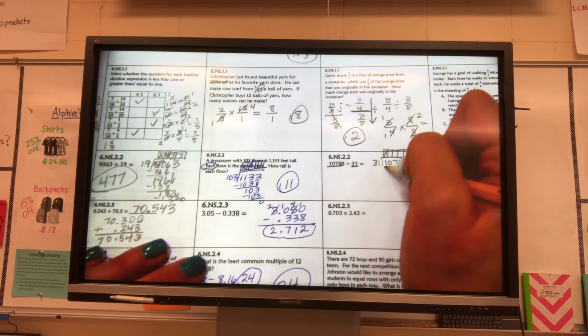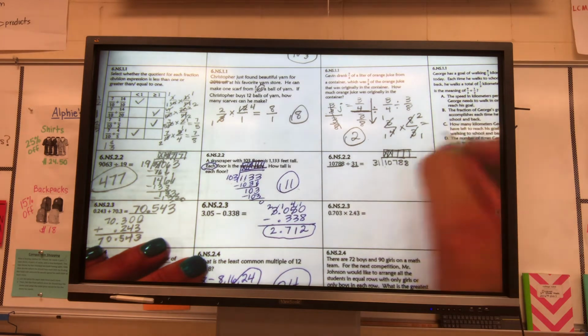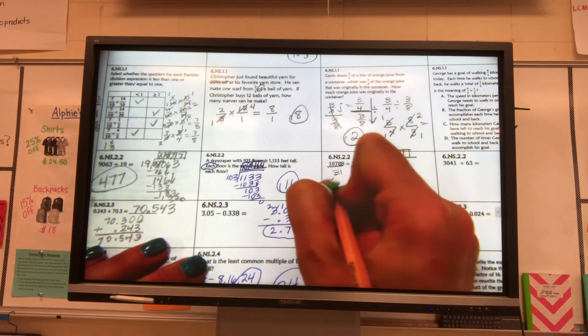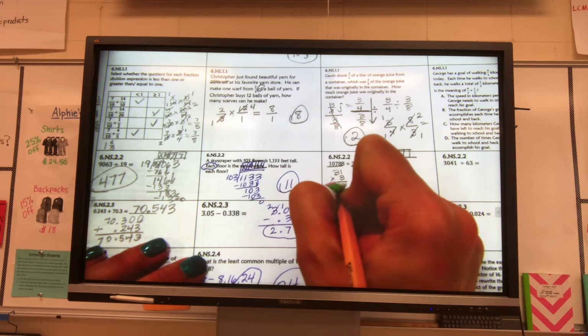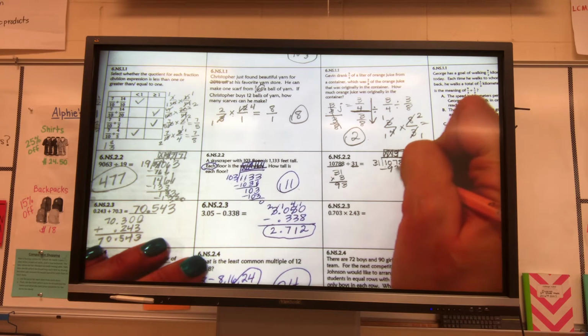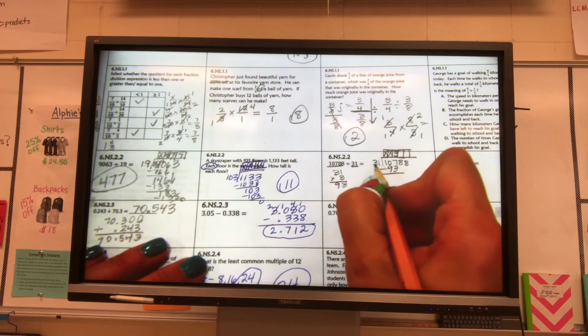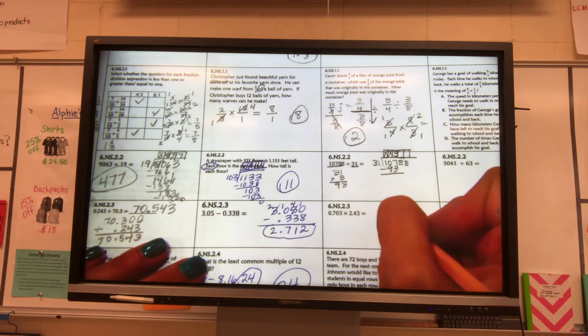How many times does 31 go into 10? It doesn't. How many times does 31 go into 107? Well, we can do that. Let's try 31 times 3. That gives me 93. I chose my number because I know that 3 times 3 gives me 9, and I know that 90 was close to 107.